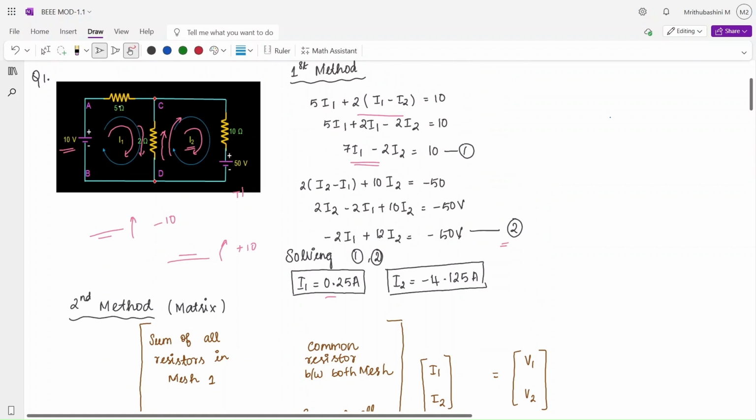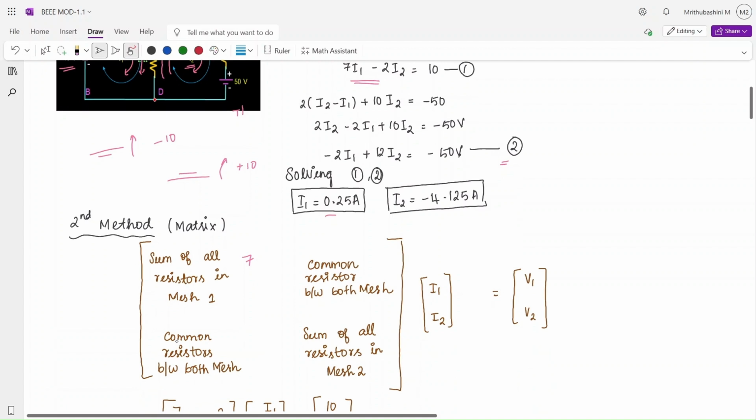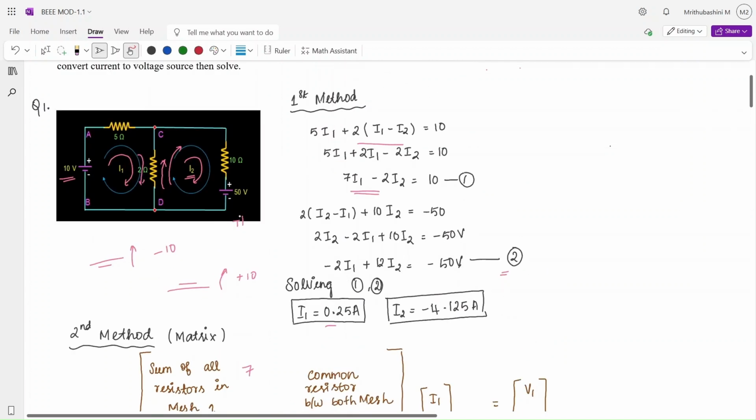Here in mesh 1, the resistors are 5 and 2, so 5 plus 2 is 7. Here you will put 7. And here the common resistor between both the meshes is 2. Here also 2. Here the sum of the resistors in mesh 2, which is 10 plus 2, 12.